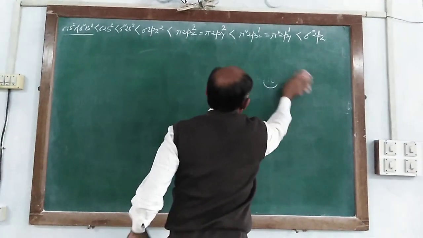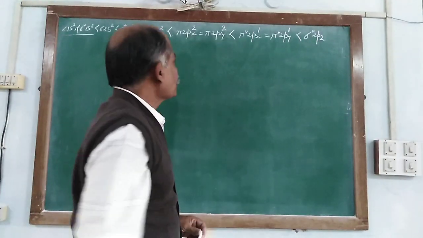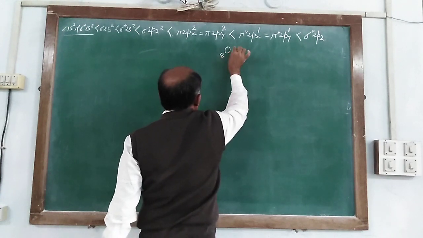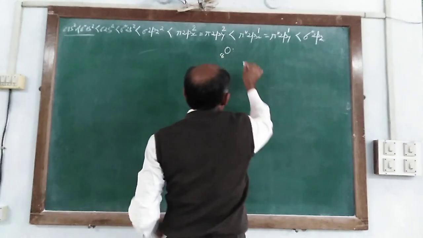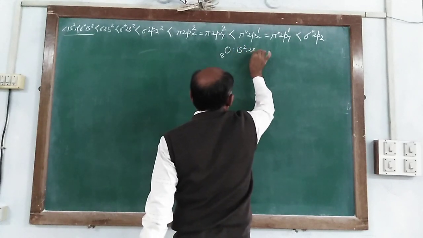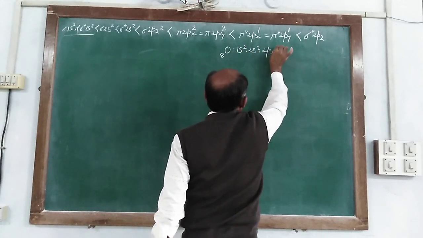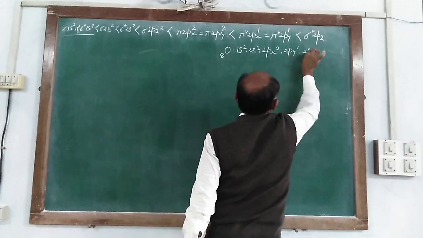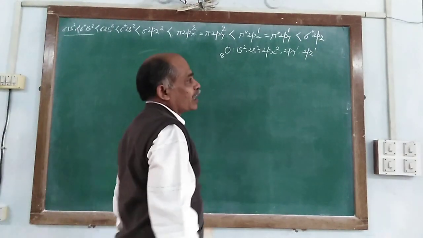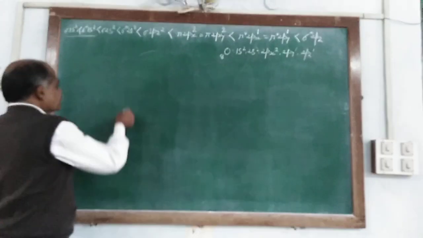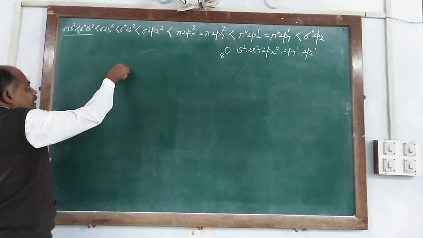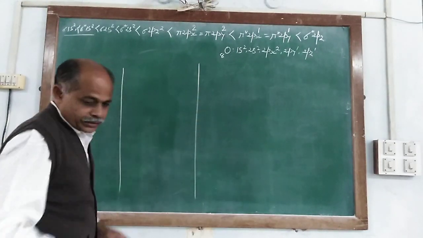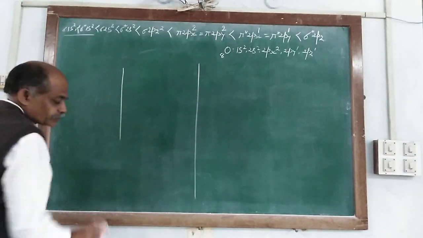Now we write the electronic configuration for the oxygen atom. Oxygen has atomic number 8, so the electronic configuration is 1s2, 2s2, 2px2, 2py1, and 2pz1. Now we draw the molecular orbital diagram for the oxygen O2 molecule.